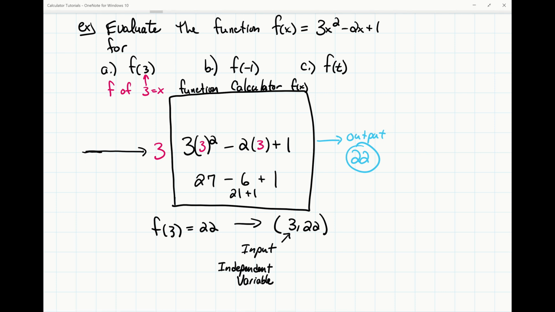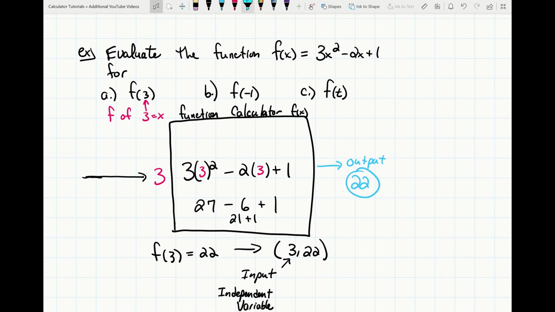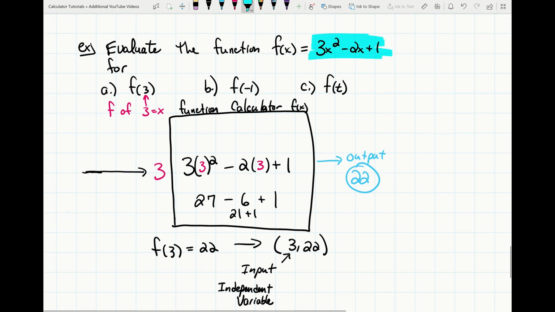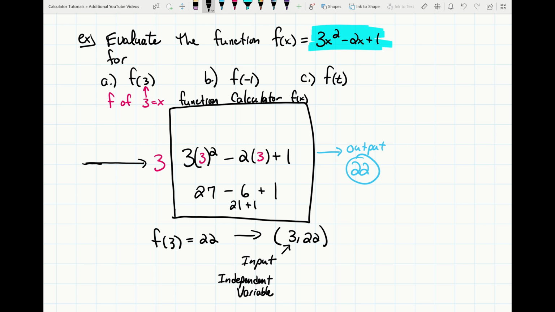And this thing right here, I'm going to highlight it in blue for us. This thing right here, 3x to the second minus 2x plus 1, allows us to map 3, which is our input value, to 22, which is our output value, or, as we like to call it, the dependent variable. Okay? And that is how we do this.